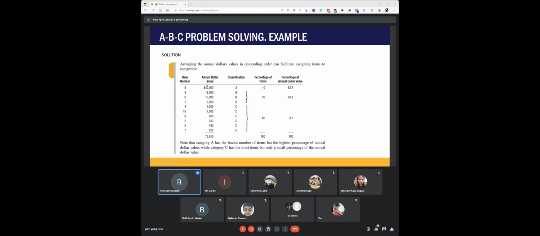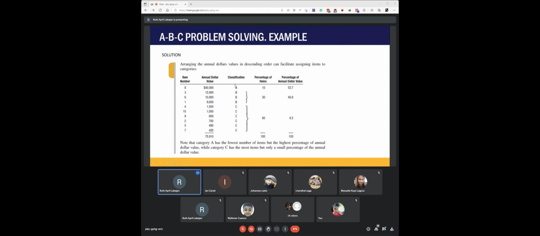And of course, the $40,000 here is for item number 8. The $12,000 is for item 3, and so on. The $420 is for item 7. Okay, now you can classify.